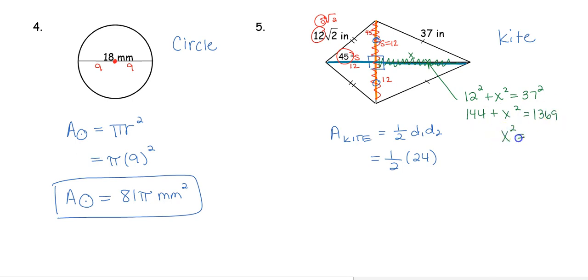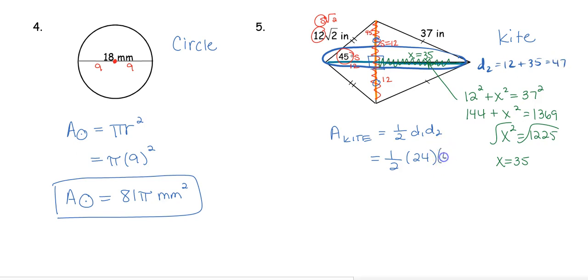We move that 144 over to get 1225. We square root, and x is equal to 35. So to find the length of this entire diagonal, our diagonal 2, we have to add that 12 and the 35 together to get 47. So there's our second diagonal of 47.